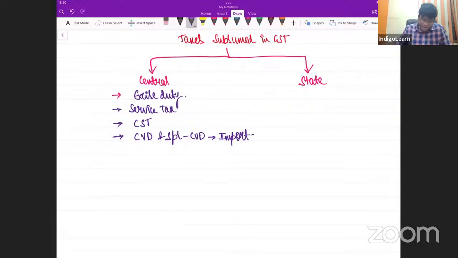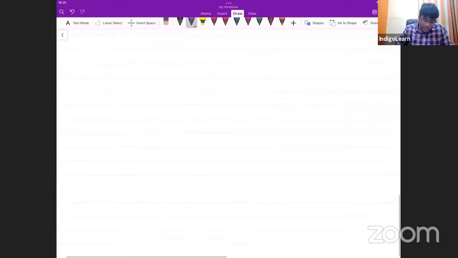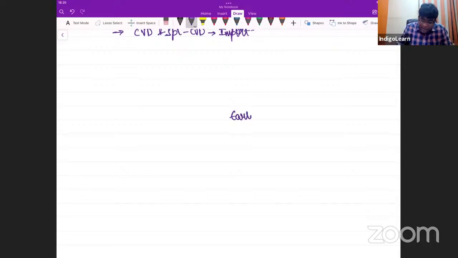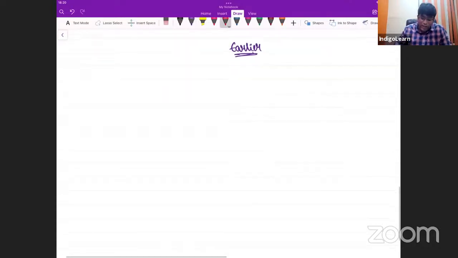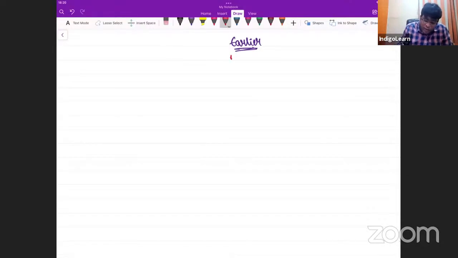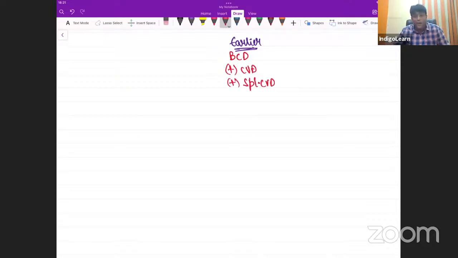Let me write below. Earlier means prior to GST, if we were importing goods, we were required to pay BCD plus CVD plus special CVD. All this we were required to pay.